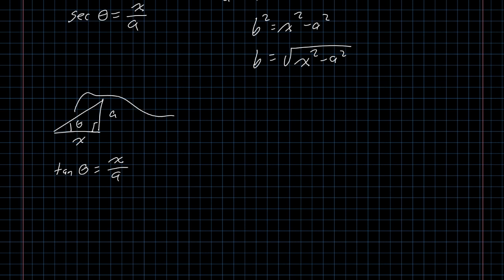And the third side, I guess we can call it c. That's the hypotenuse, so x squared plus a squared is equal to c squared. Just flipping the equation around and then taking the square root gives us something that looks more like that.